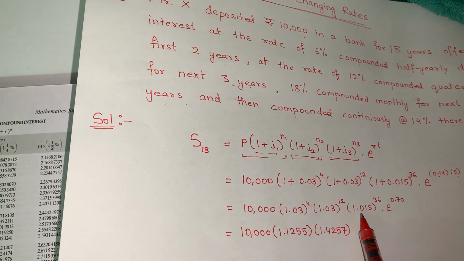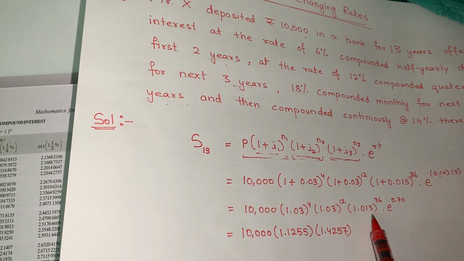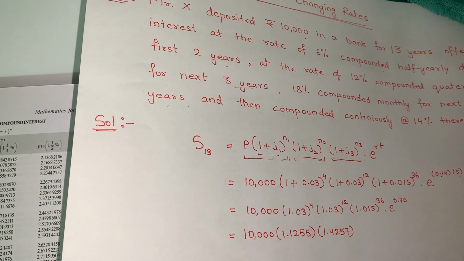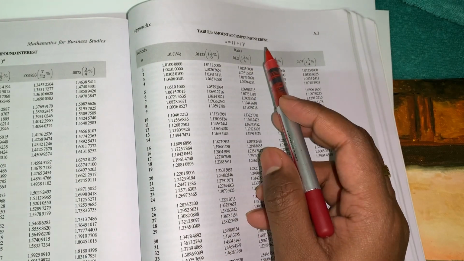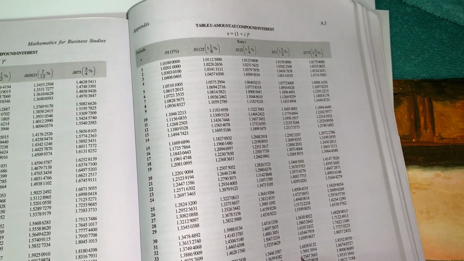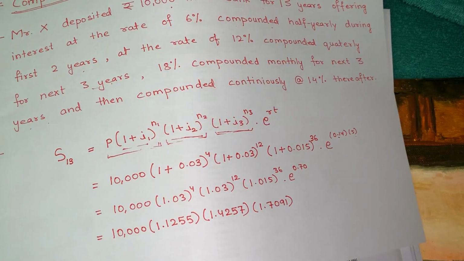Next rate is 0.015. So now we will again look into the table and find the value of 1.015 to the power 36. So here is the 0.015 compound interest table, and in 0.015 we are looking for 36. The value that we get is 1.7091. Hence we use this value here.